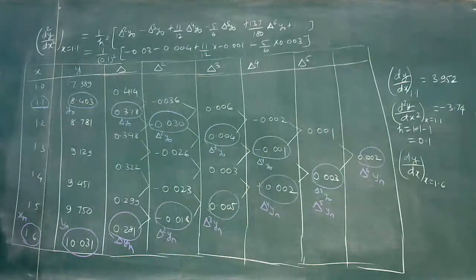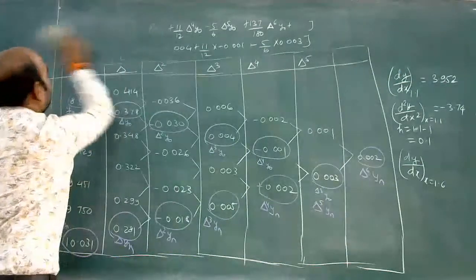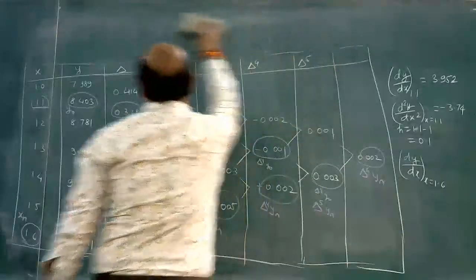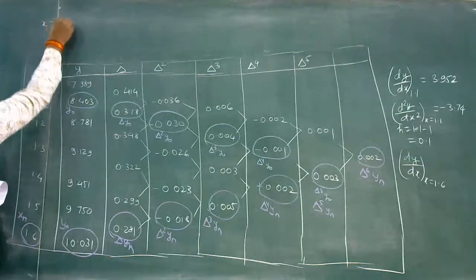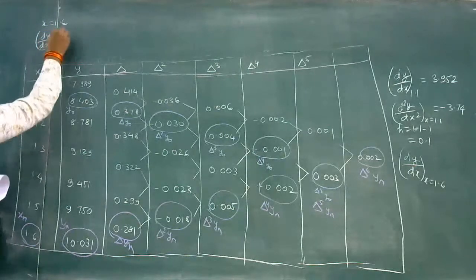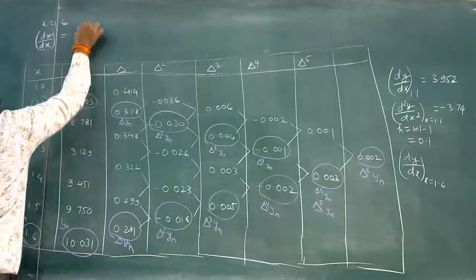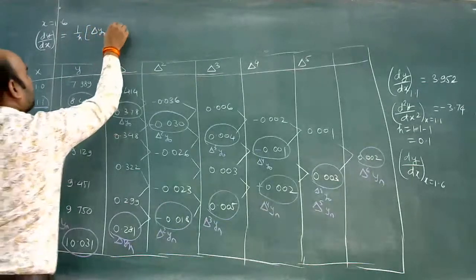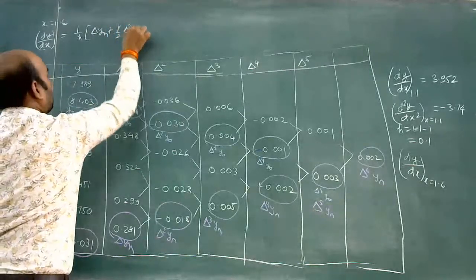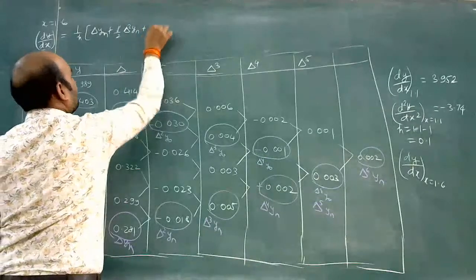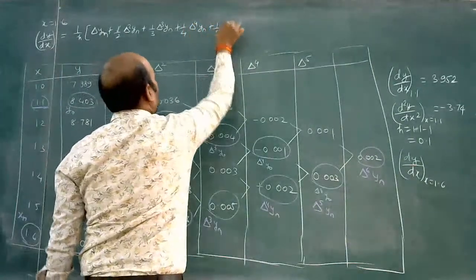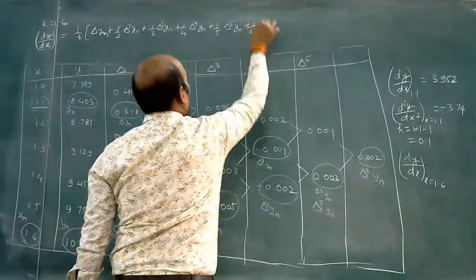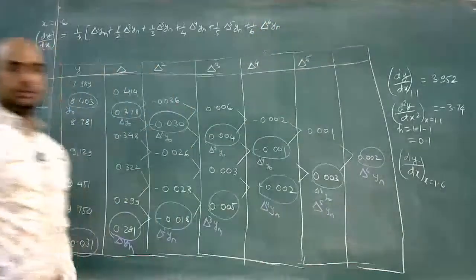So now the formula will change accordingly. So at x is equal to 1.6, dy by dx will be equal to 1 upon h into del yn plus half del square yn plus 1 by 3 del cube yn plus 1 by 4 del to the power 4 yn plus 1 upon 5 del to the power 5 yn plus 1 upon 6 del to the power 6 yn, and so on.